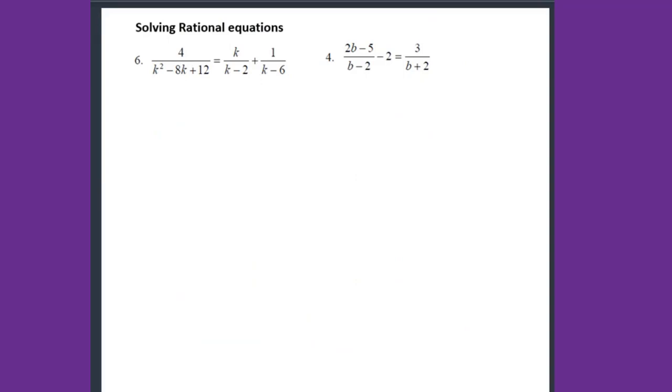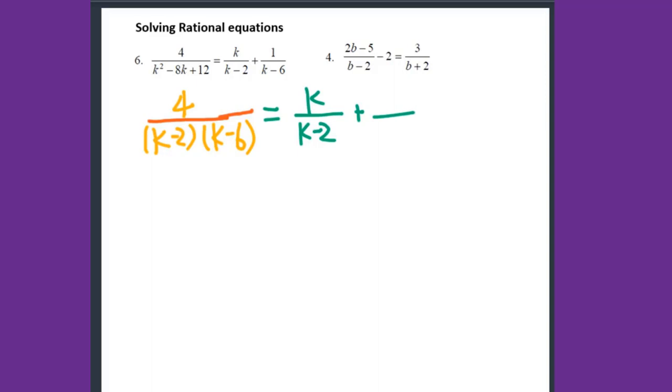Let's do another example. First of all, you need to factor the denominator so that we can get the LCD easily. Let me rewrite this question. I have 4 over k minus 2 times k minus 6 equals k over k minus 2 plus 1 over k minus 6.